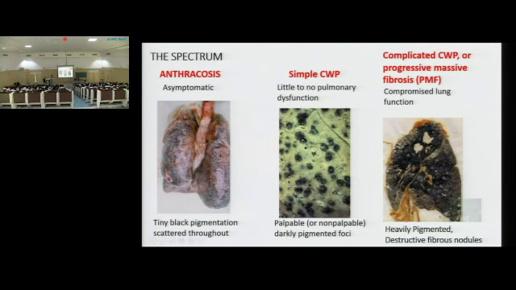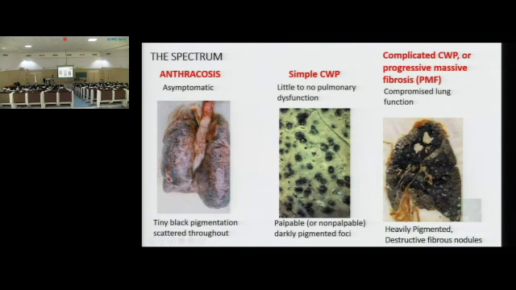Right? And moving on to the next, there can be simple coal workers pneumoconiosis also. In that one, the size of the macules or nodules will be larger, and they can be palpable to non-palpable, and they also contain carbon-laden macrophages, with black pigment deposition.